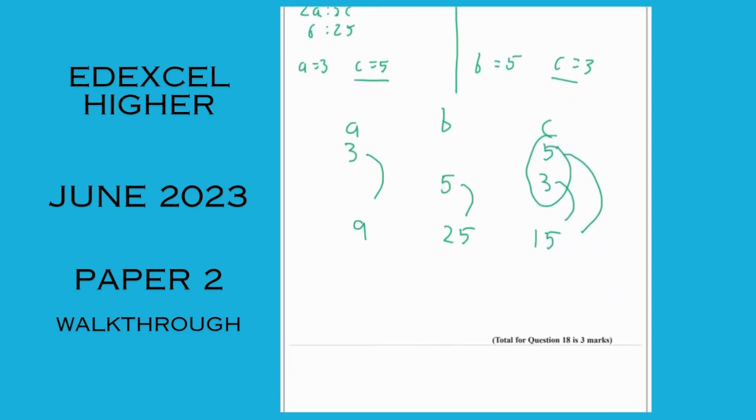So now we can say that A plus B, 9 plus 25, to B plus C, 25 plus 15. And look what happens when we halve them. Yeah, not the friendliest you'll ever see.